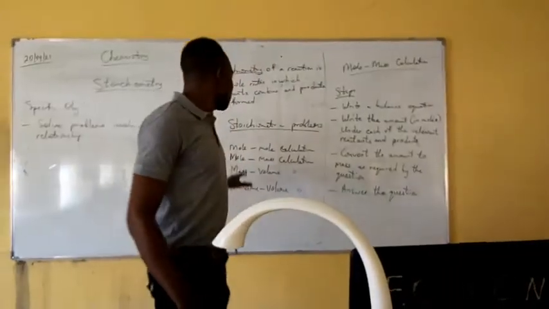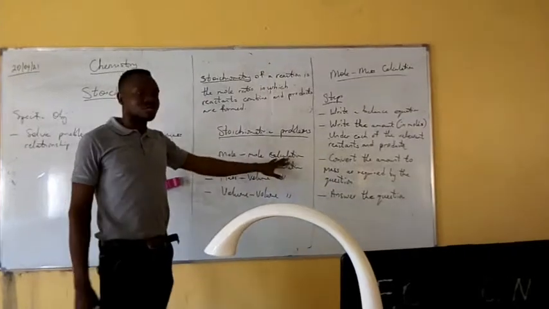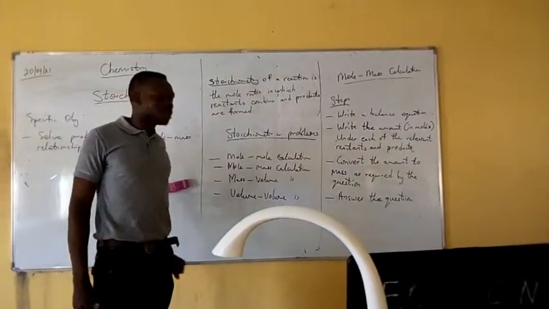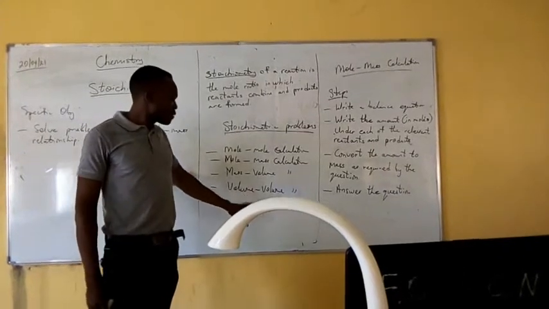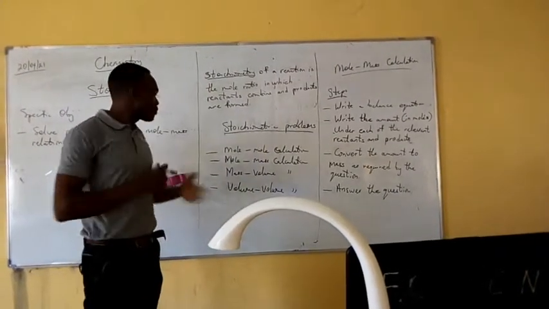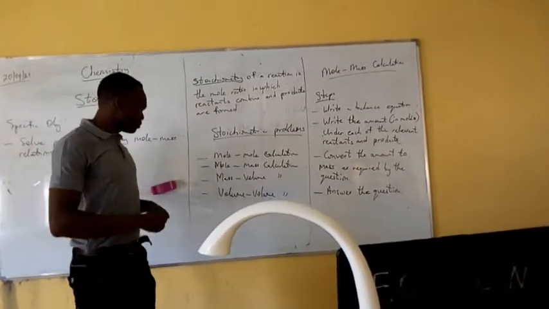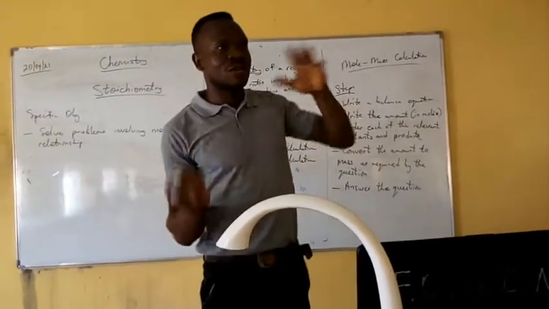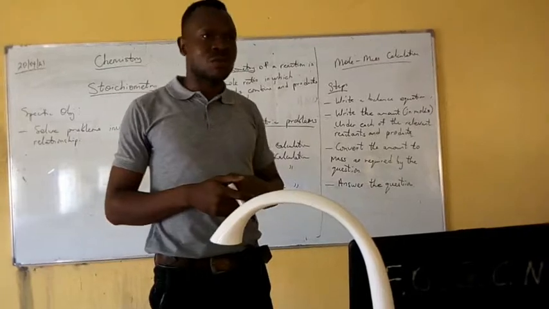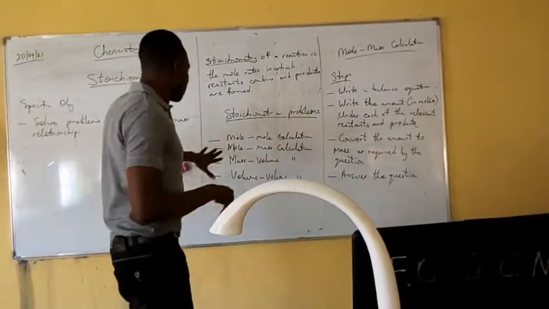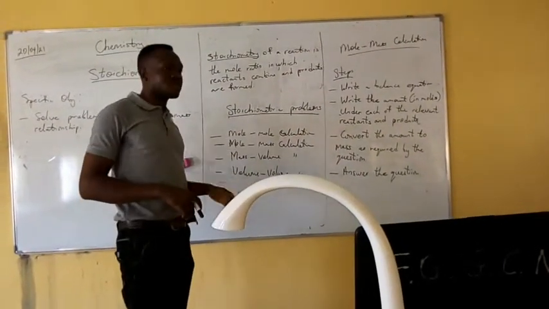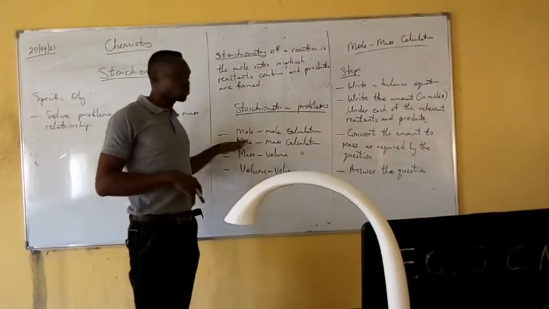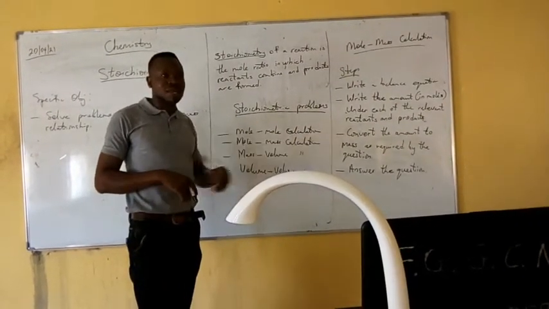In stoichiometric problems, you have mole calculation, mole-mass calculation, mass-volume calculation, and at the end we have a volume-to-volume calculation. Mole calculation means that the amount of the reactant is in moles, and the amount of the product formed is also in moles. Mole-to-mass calculation: the reactant is in moles while the product is in mass, or vice versa.